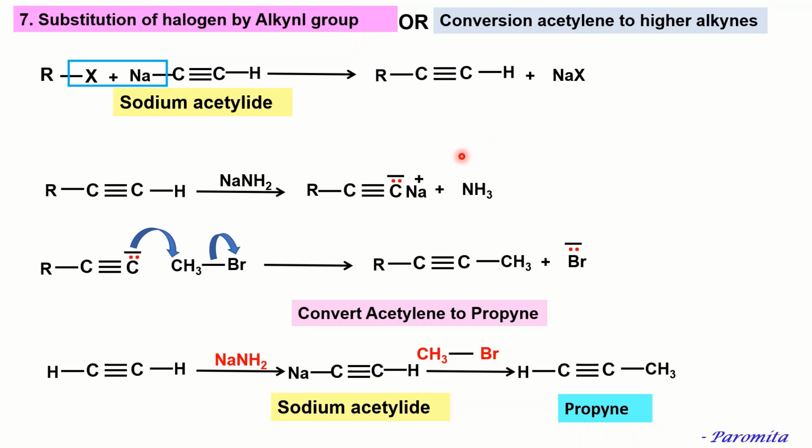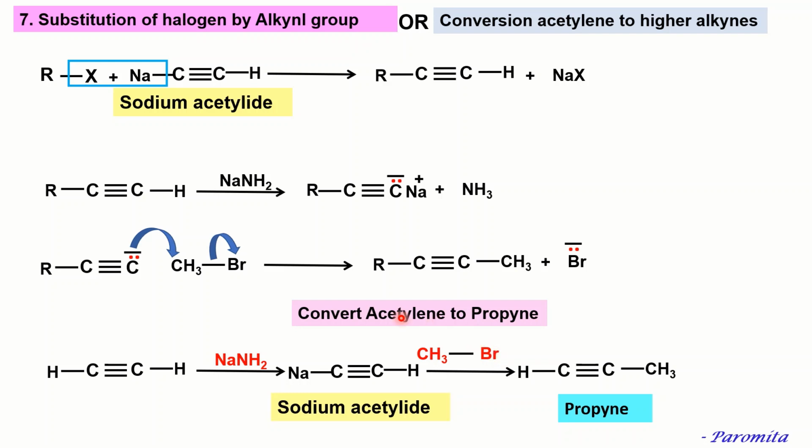Now let us convert acetylene to propyne. So this is acetylene. First we will convert acetylene to sodium acetylide. Now this sodium acetylide will further react with methyl bromide and we will get propyne. See this one, sodium acetylide, methyl bromide.